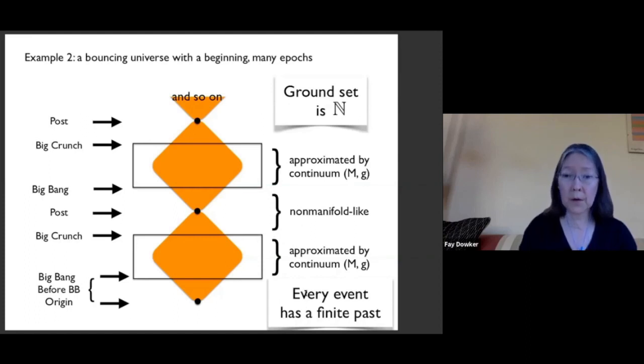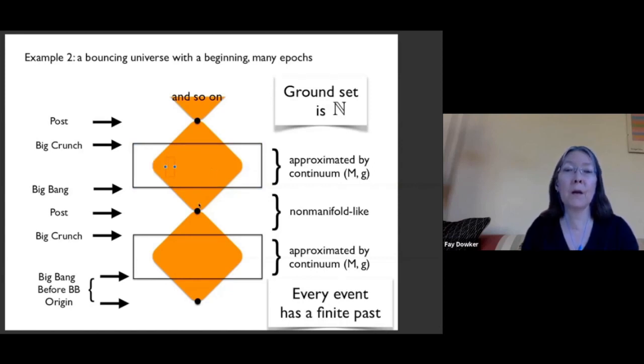So, I should mention here, in this causal set, every element has a finite past. So let me choose an element in this continuum epoch here. How many elements does it have in its past?